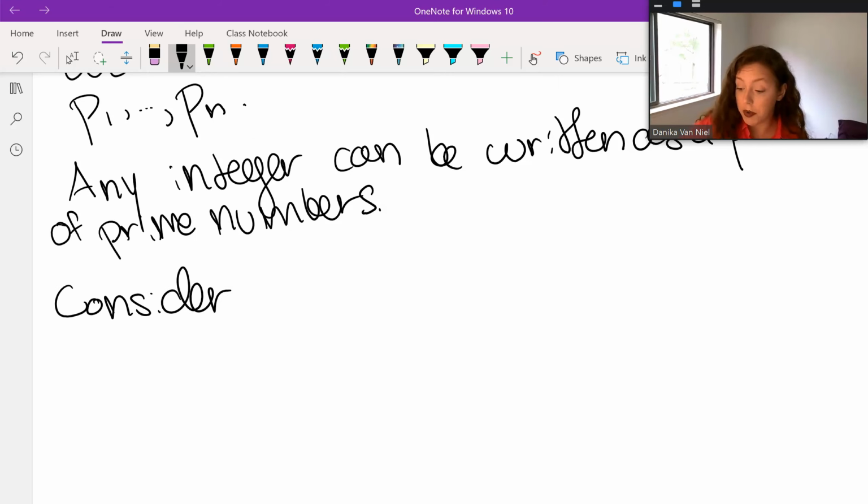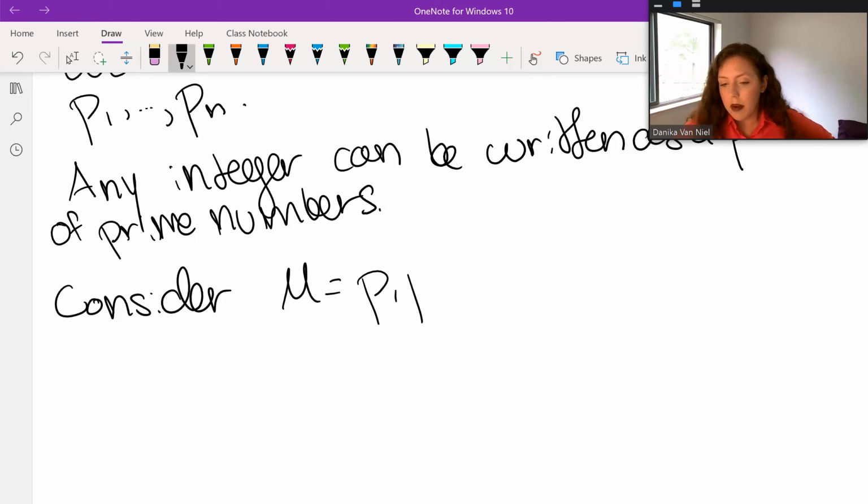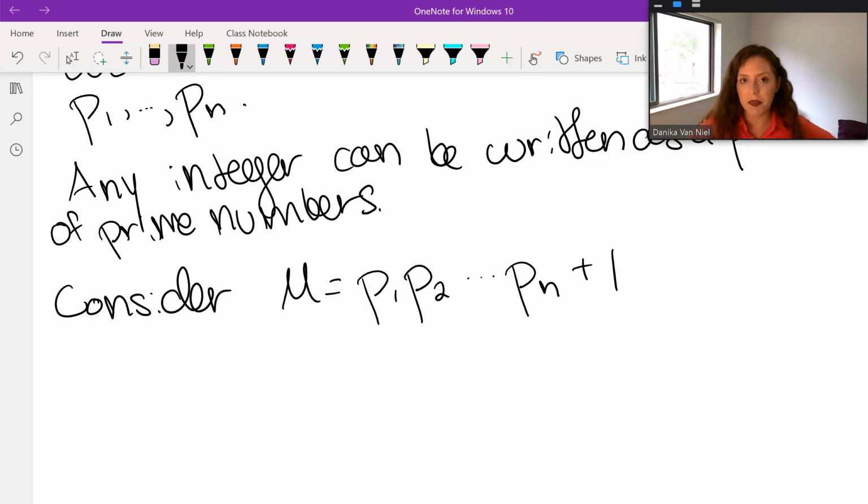Remember, you can always ask your reader to consider something, and I'm picking this strategically. So I'm going to let capital M equal P1 times P2 times et cetera, times Pn, and then after that, add 1.